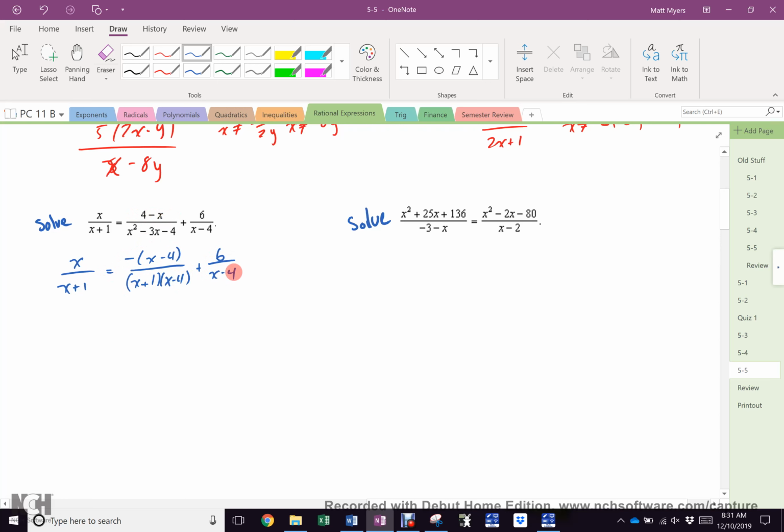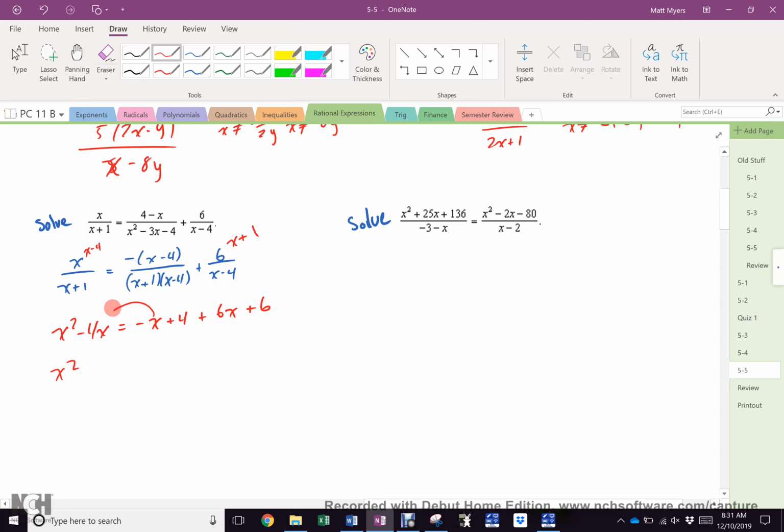Yeah? Common denominator is x plus 1, x minus 4. This guy needs x. What does this guy need? X minus 4. What does this guy need? X plus 1. So I get x squared minus 4x equals negative x plus 4 plus 6x plus 6. And then you work it out.